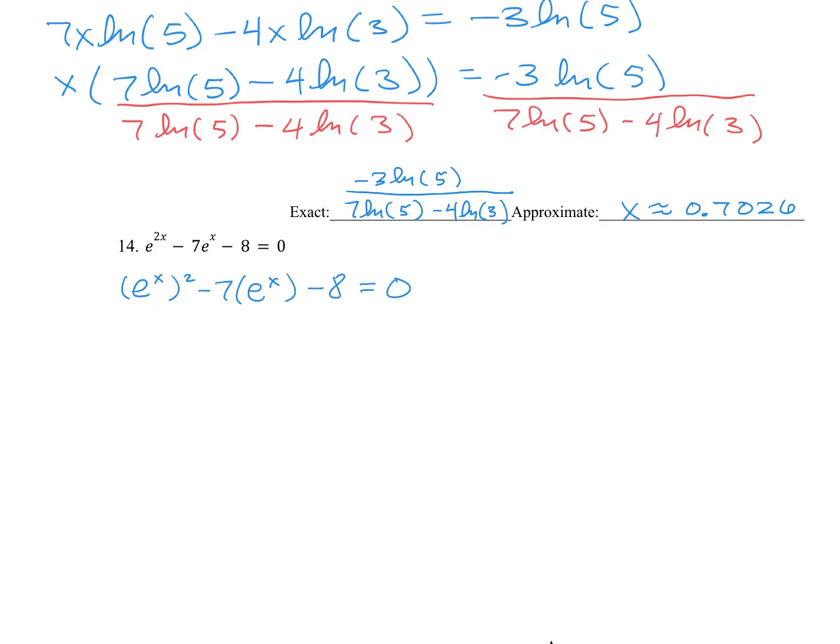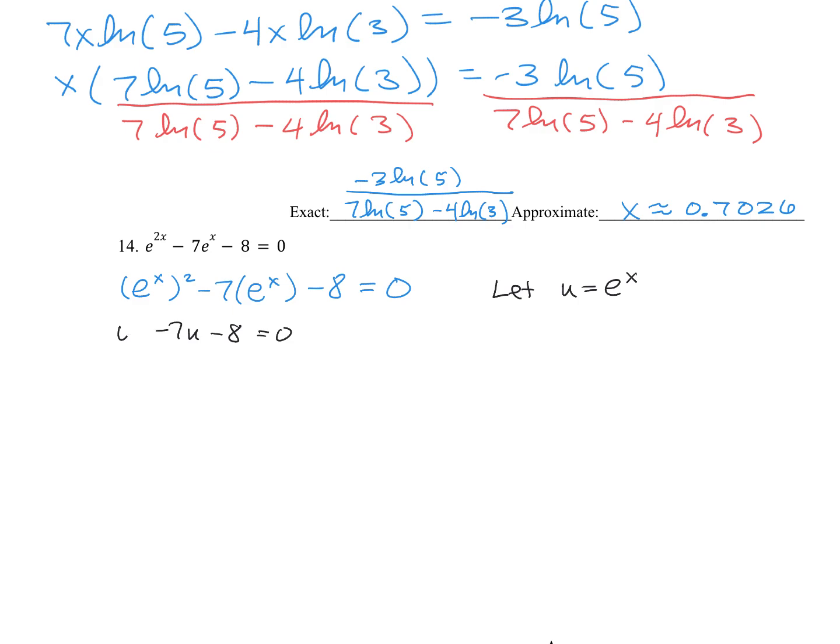Now you'll notice that this is a quadratic equation if I replace the e to the x with a different variable. So I'm going to let u be e to the x. Now my quadratic equation is u squared minus 7u minus 8 equals 0.